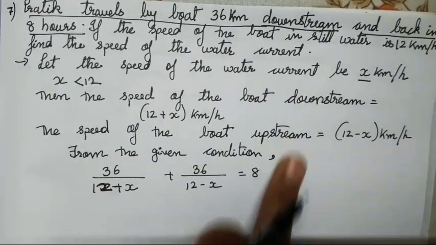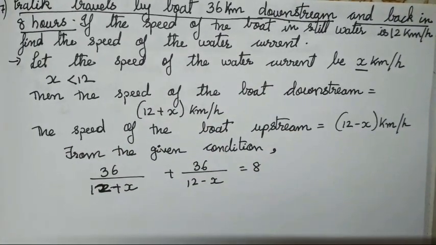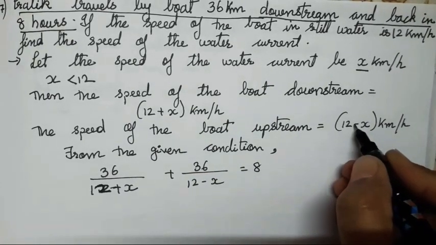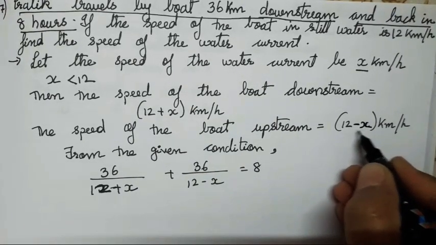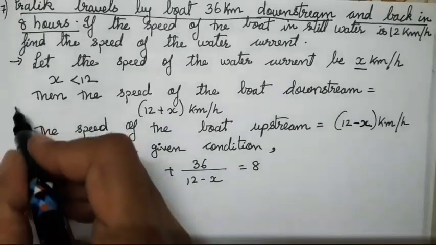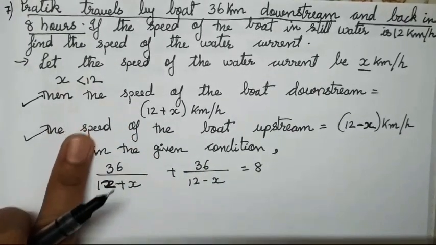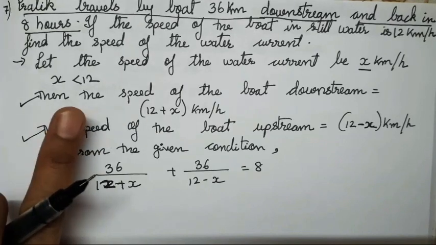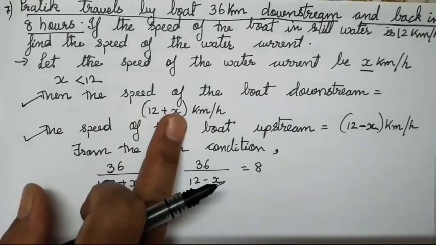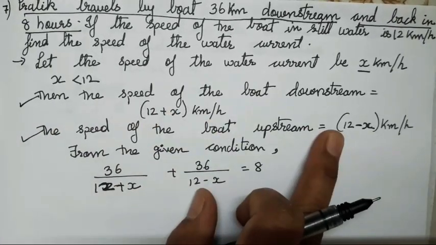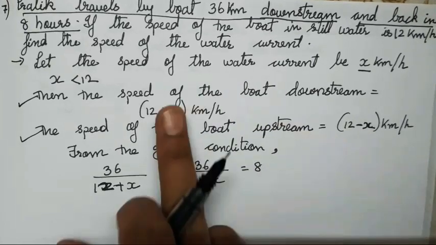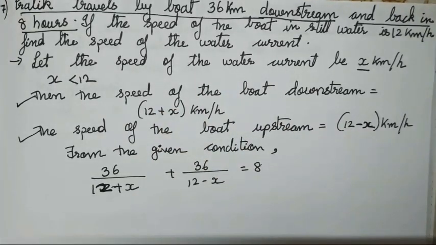Whereas upstream, when you are riding a bicycle, you need much energy to climb up. Therefore the speed is going to reduce, so we are writing 12 minus x. These 2 points are important for you all to remember: downstream means your speed is going to increase, upstream means your speed is going to decrease. Therefore plus and minus, you all have to take.